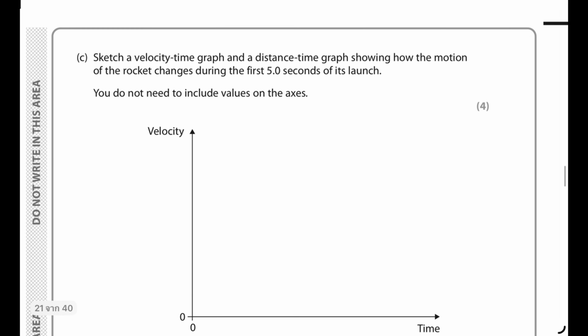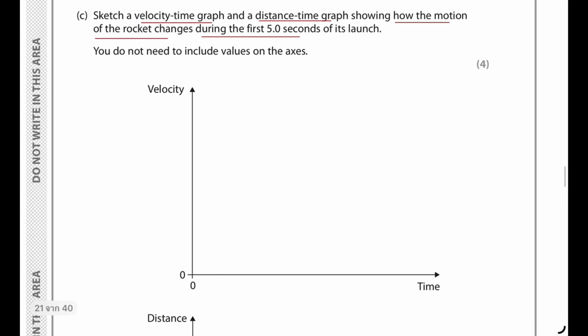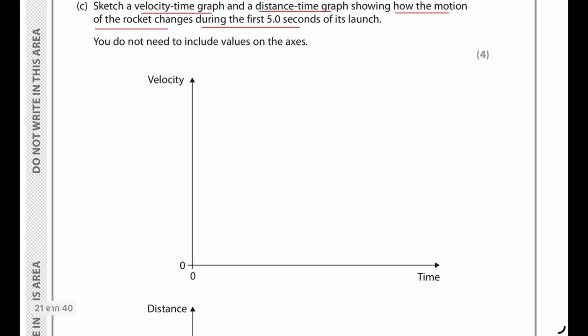Then question C. Sketch a velocity time graph and a distance time graph showing how the motion of the rocket changes during the first 5 seconds of its launch. You do not need to include values on the axis. So the velocity time graph will be like this.